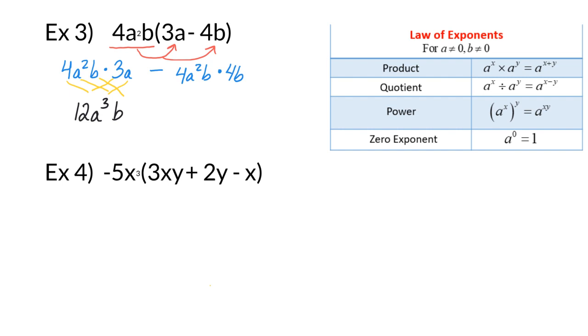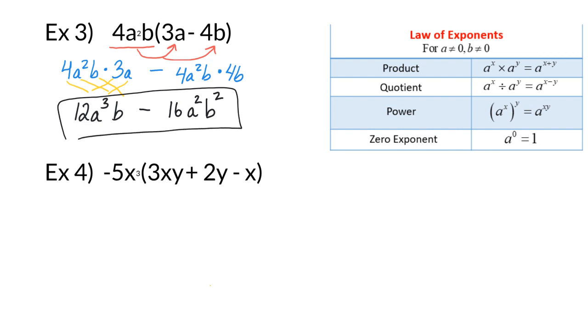So the first term gives me 12a cubed b, and the second term gives me 16, no a's in the second part, so this is just a squared, and then b times b gives me a b squared. And that is my final answer.